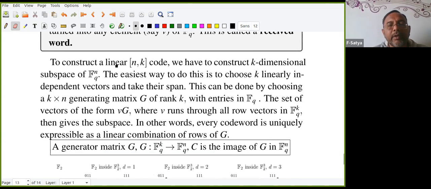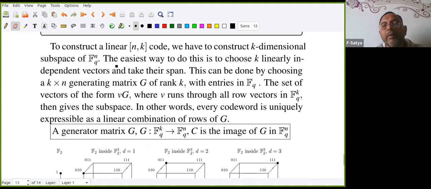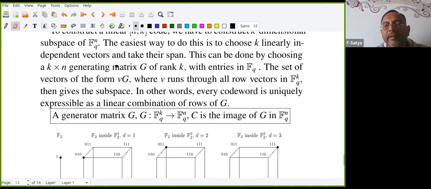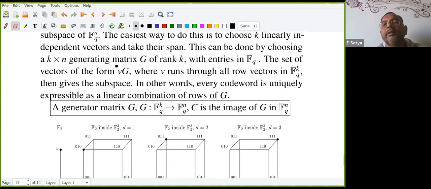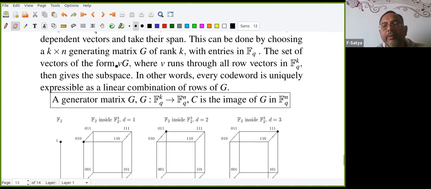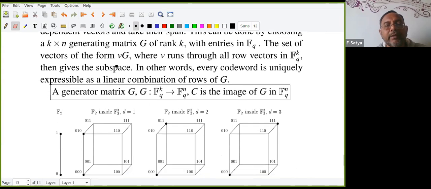To construct an (n,k) code, we have to construct a k-dimensional subspace of F_q^n. The easy way to do this: choose k linearly independent vectors and take their span. This can be done by choosing a k cross n generator matrix of rank k with entries from F_q.